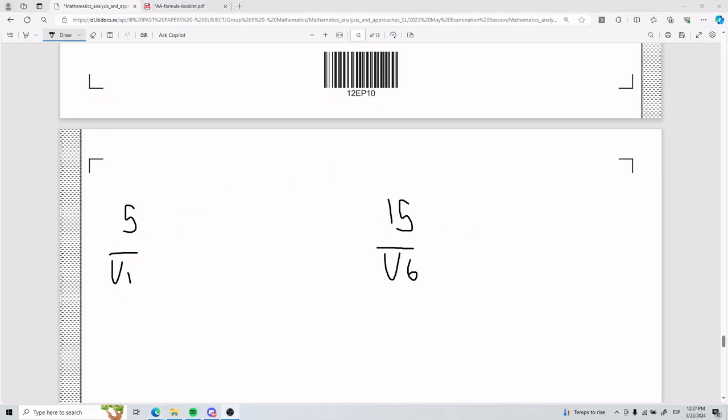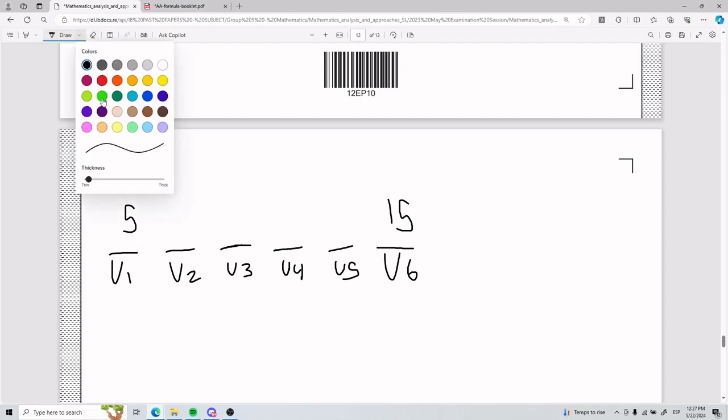Well, I think it's good to make this super visual, right? So if I add a lot of visuals to this, you can put the terms u2, u3, u4, and u5. Technically, you don't know what u2, u3, u4, and u5 are, but you do know that to go from u1 to u6, how many times did you apply d?